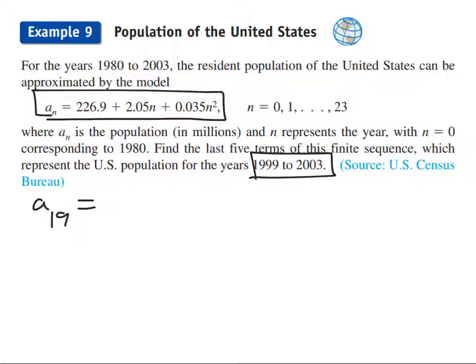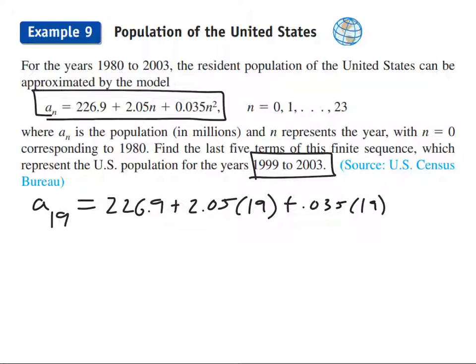Okay, from what it describes, A sub 19 would be the population estimate in 99. Well, that would be 226.9 plus 205 times, this is kind of going back to the first day, 19 goes in for N, and you would get 278.5, and it says that those units are in millions.